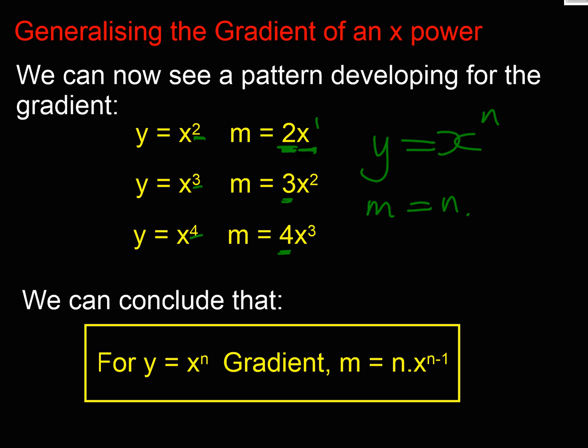Here we started with a power of 3, and we ended up with a power of 2. And here we had a power of 4, and we ended up with a power of 3. So each time, whatever power we started with, we end up with a gradient which has taken 1 off. So 4 becomes 3, 3 becomes 2. Therefore the gradient m is going to be n times x to the power n minus 1. So what we've done is create a general expression here.